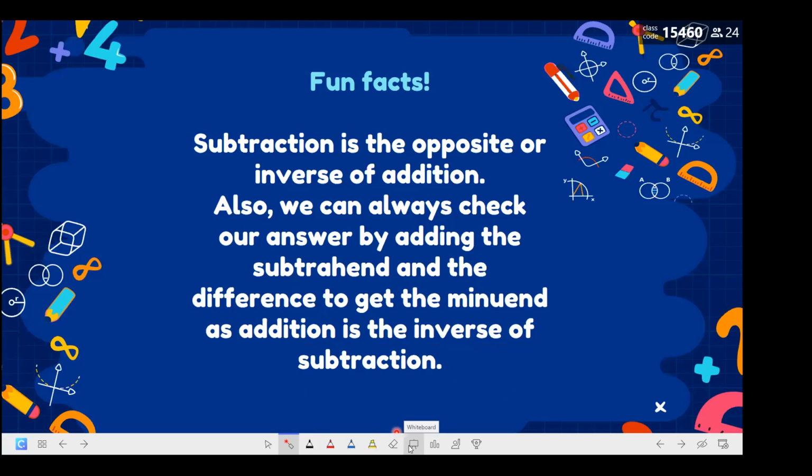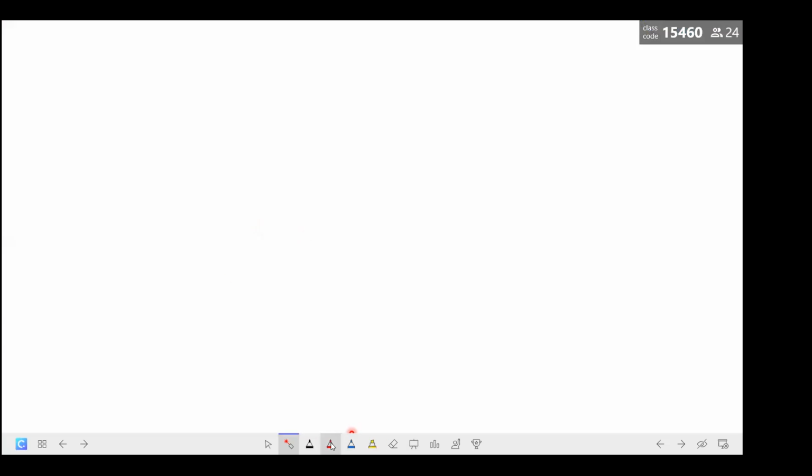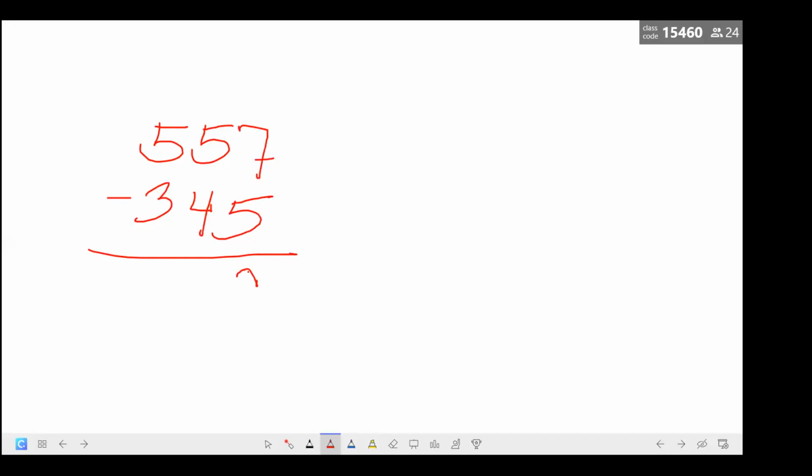For example, earlier we had 557 minus 345 is equal to 215. So subtraction is the inverse of addition.